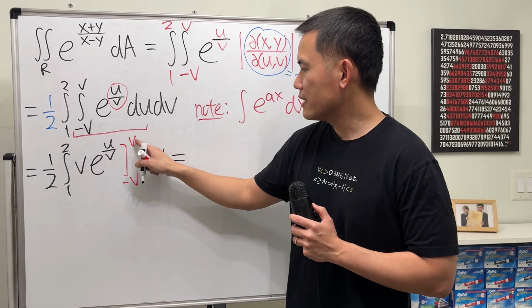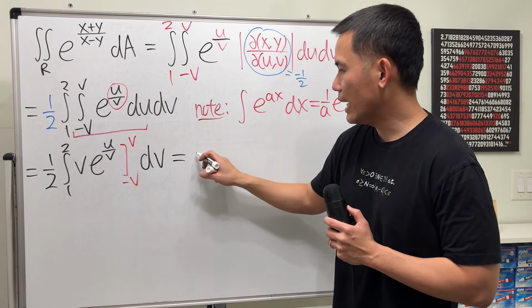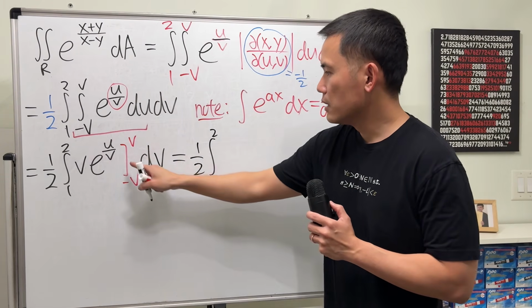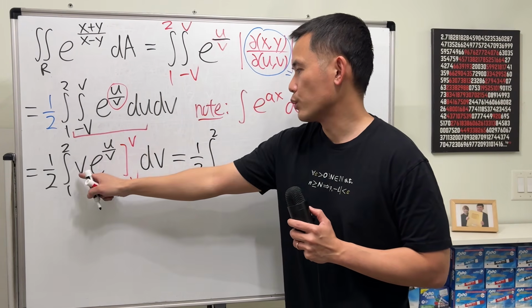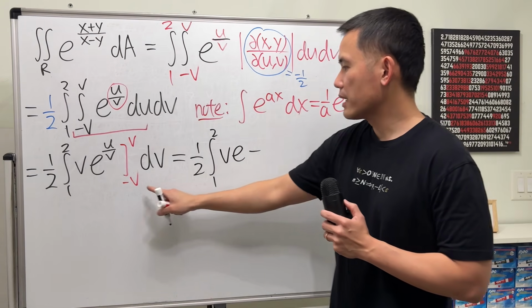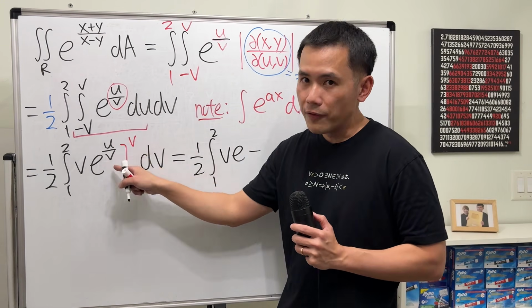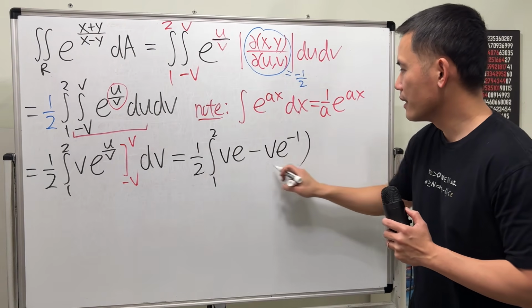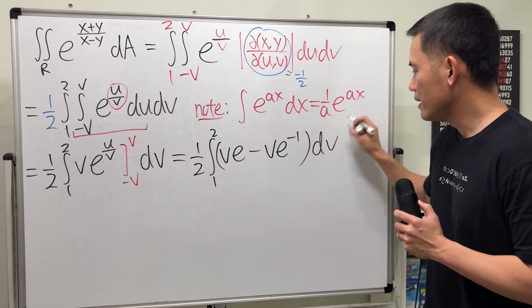I will have to plug in the v into here first. So we have 1/2, 1 to 2, plugging v. v over v is just 1, which is nice. So we have v times e, and then minus plugging negative v into here over v, which is -1. So it's v e to the -1, and then dv.